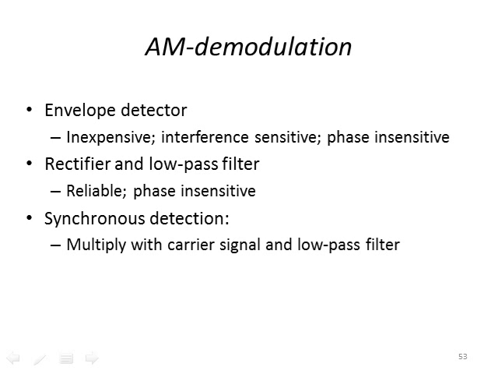Envelope detector, which is very inexpensive. It's interference sensitive and phase insensitive. We can use a rectifier and low-pass filter, which is primarily a diode and a low-pass filter, which is reliable and phase insensitive. Or we can do synchronous detection, and this is multiply with a carrier signal and low-pass filter.